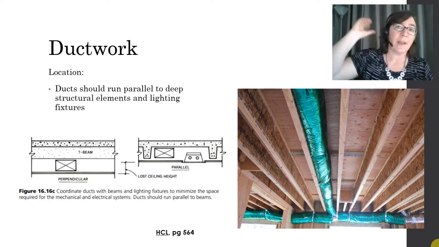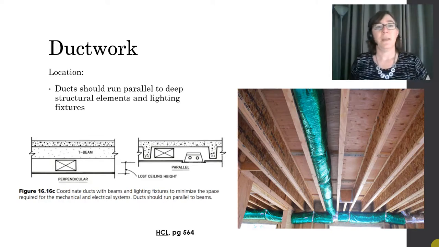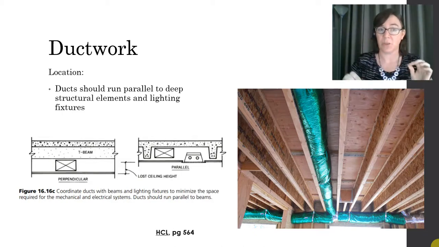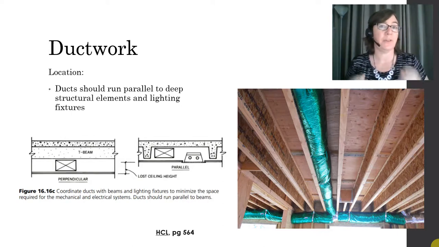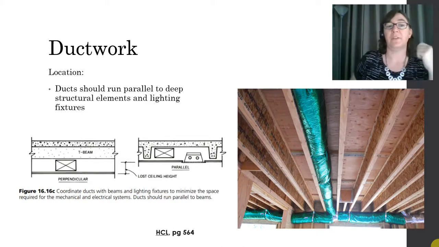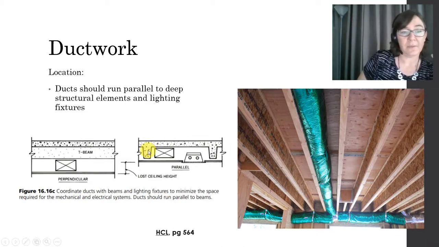Location. Ducts often run through the ceiling spaces, and in general, it's best to run them parallel to your structural direction and parallel to your lighting fixtures, so you don't add extra ceiling depth. Take a look at these two systems from your textbook. You've got a concrete structural system with these beams right here.